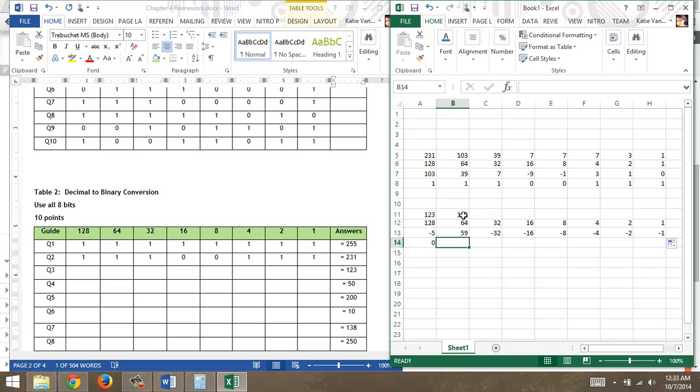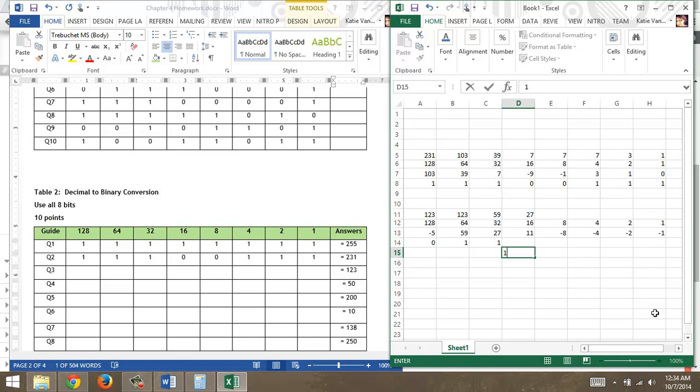Okay, so here I have, ignore these numbers for now, but here I have 123. Can I subtract 64 from it without going negative? I can, so that becomes a 1. And then I have 59 left, so 59 minus 32 without going negative, I can do, so that becomes a 1. And then I have 27 left. Can I do that without going negative?